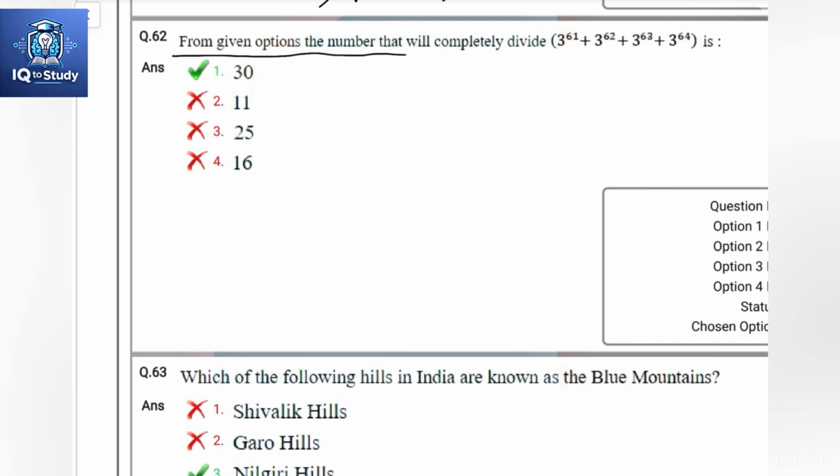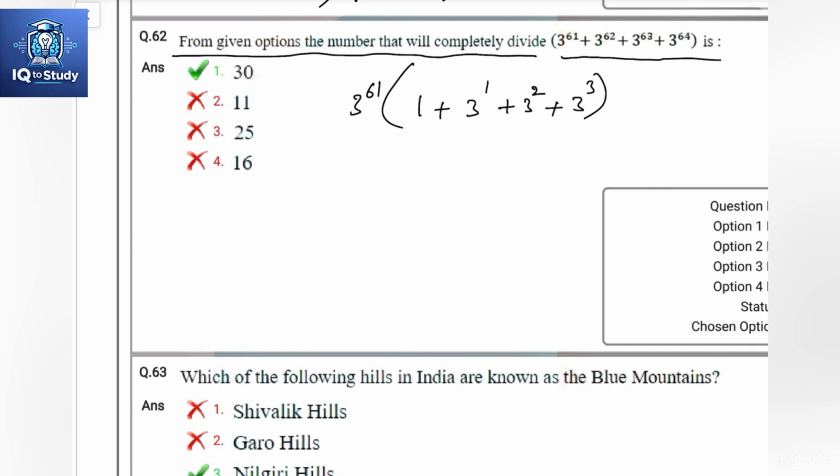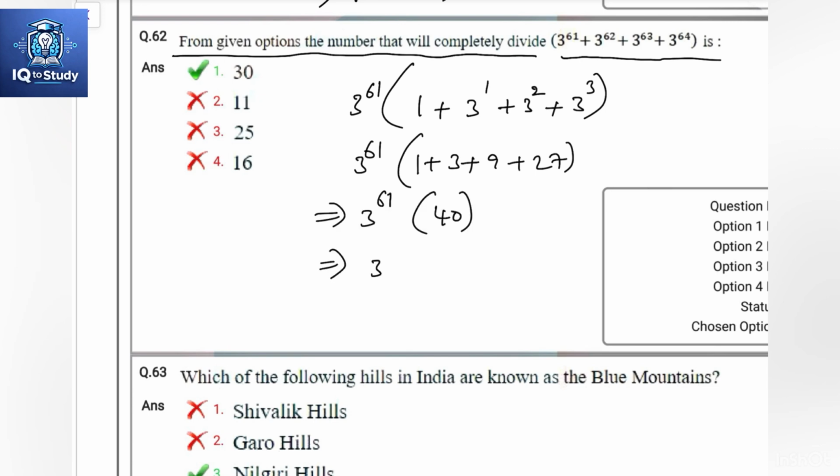From the given options, the number that will completely divide 3^61 + 3^62 + 3^63 + 3^64 is? Let's simplify this. 3^61 × (1 + 3^1 + 3^2 + 3^3). So 3^61 × (1 + 3 + 9 + 27), which implies 3^61 × 40, and it can be written as 3^60 × 3 × 4 × 10.